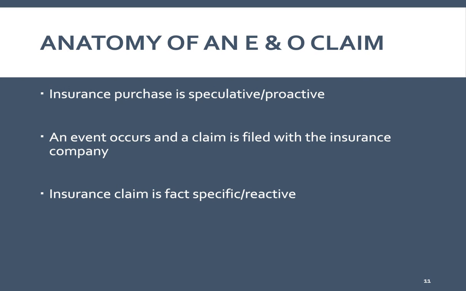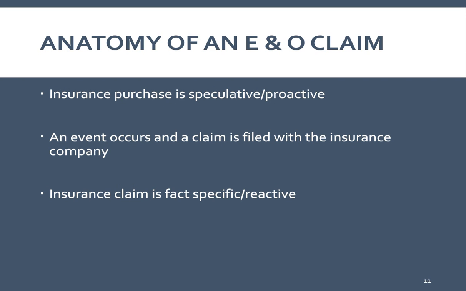The problem when we get to this part of the E&O claim is that in many cases, the insured is not very specific in what they really want in the way of insurance. They'll come in very often and use terms like adequate, proper, full, complete, generic terms which really don't give an insurance professional a lot of clear understanding.